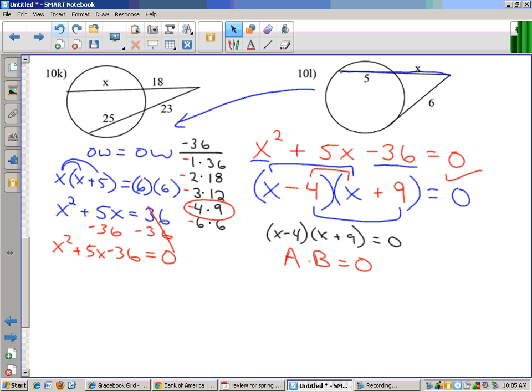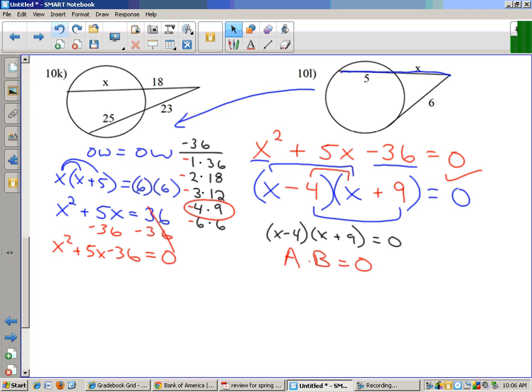What do you know for sure about that scenario? Okay, that's right. A times b does equal 0, but what does one of the numbers have to be? If I had 3 times 2, does that give me 0? What's the only number I can multiply 3 by to get to 0? 0. Does it matter what number I put in place of 3?